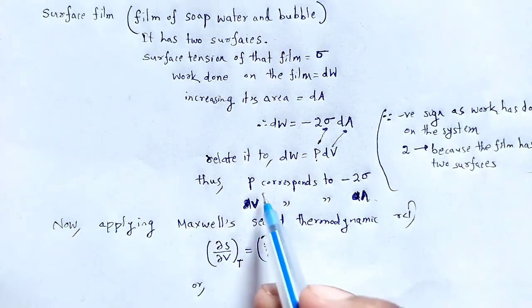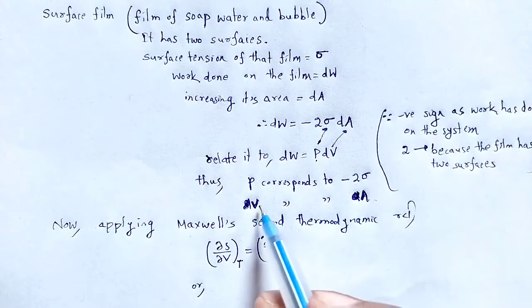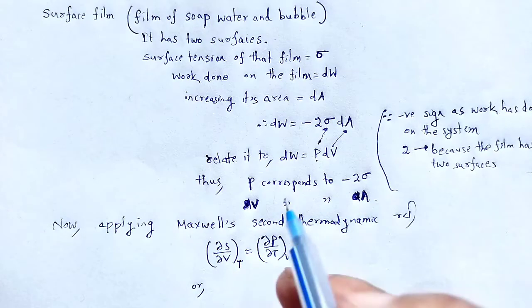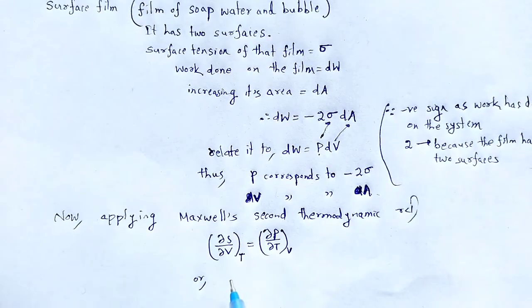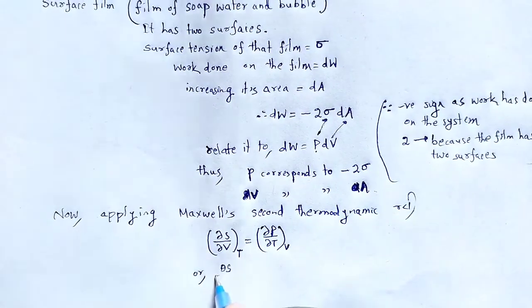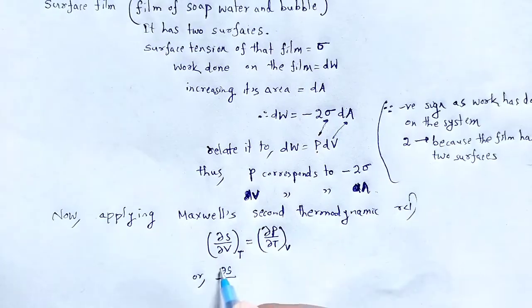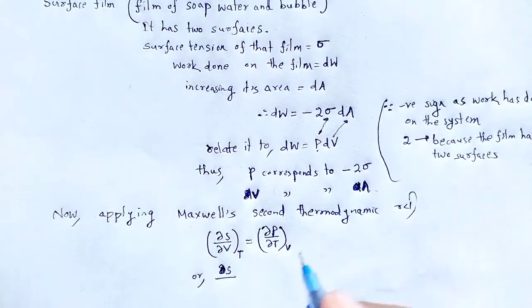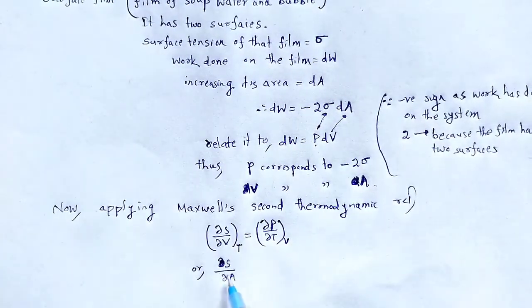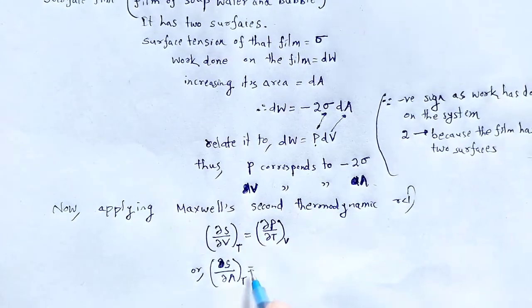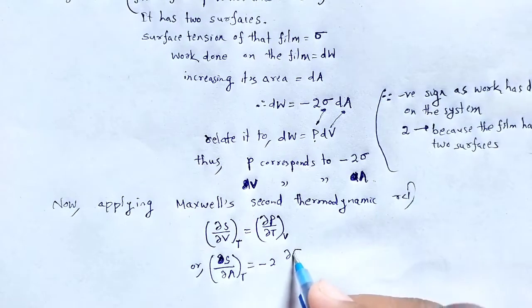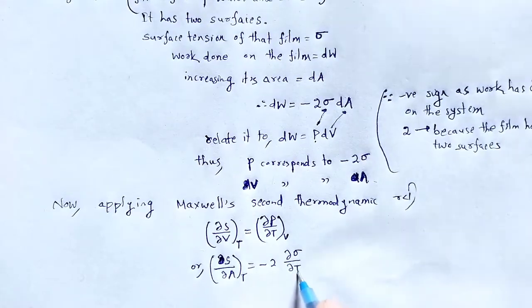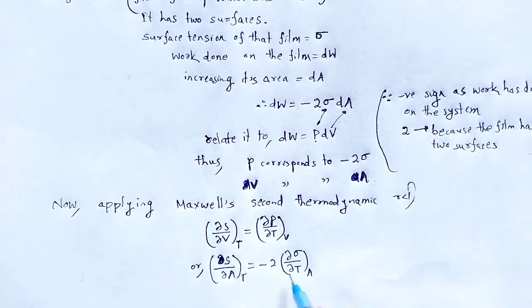Here P stands for minus 2 sigma and V corresponds to A. So del S by del A at constant temperature is equal to minus 2 del sigma by del T at constant A.